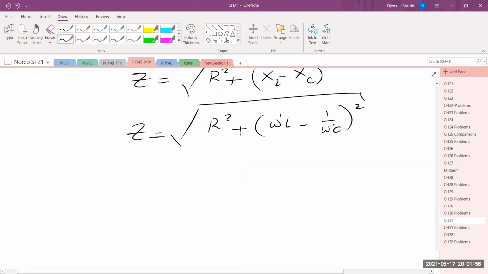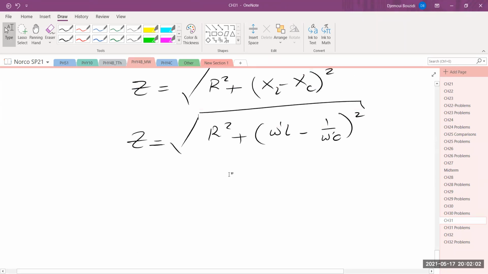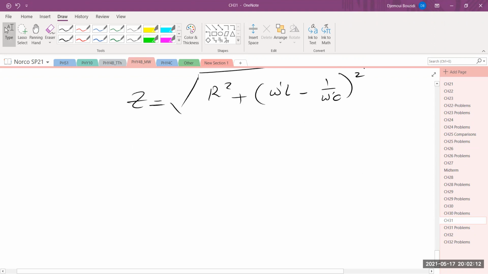So here is, if we go back into the circuit, what we have in here, we have the voltage across the overall circuit, which is this one times the current, okay?